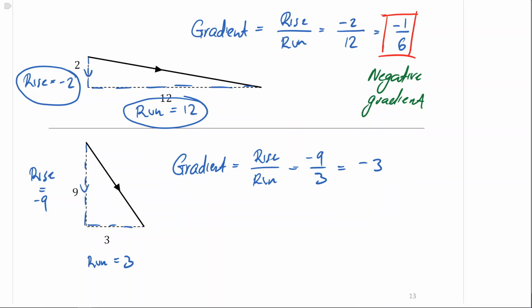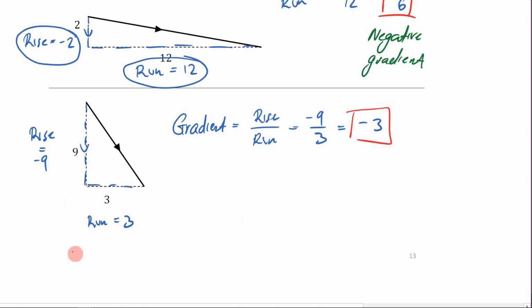Again, you need to take notice of the fact that it is negative. And it makes sense that it's negative because we're saying that the rise is negative. But it's really important that you're looking at these things and you're going, all right, from left to right, it's going down. That's why it's negative.